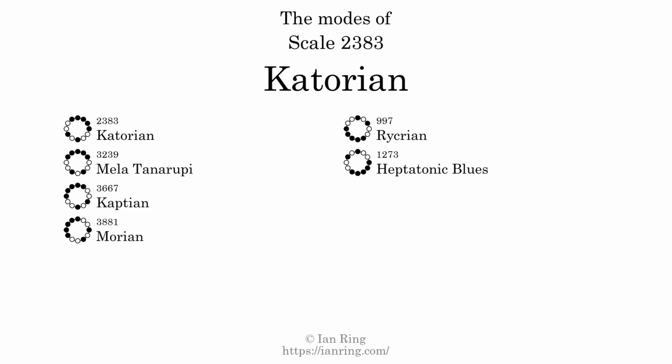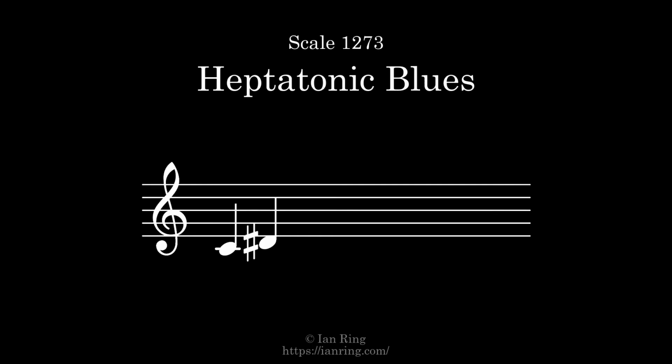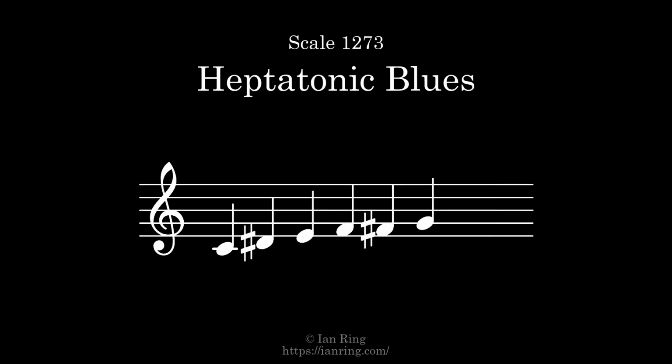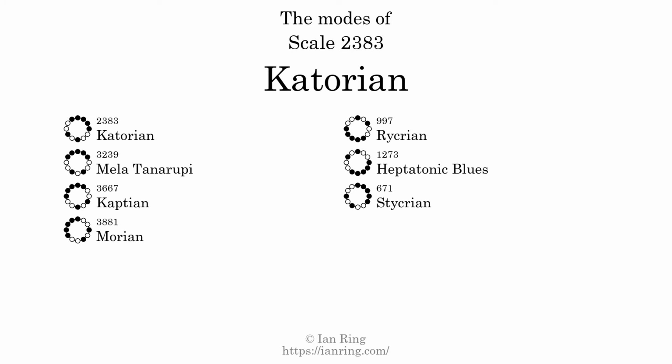The sixth mode is scale 1273, also known as heptatonic blues. It sounds like this. The seventh and last mode is scale 671, also known as Katorian. It sounds like this.